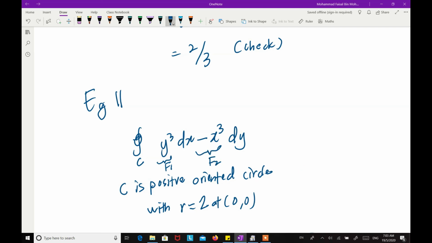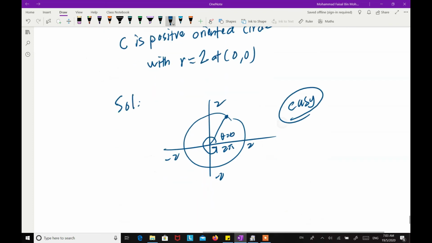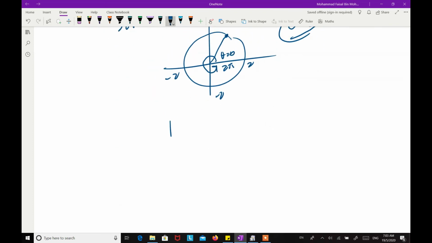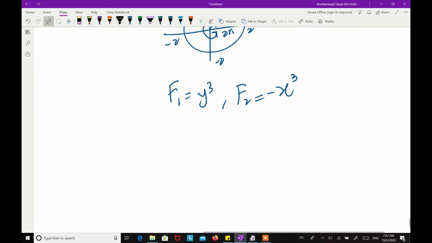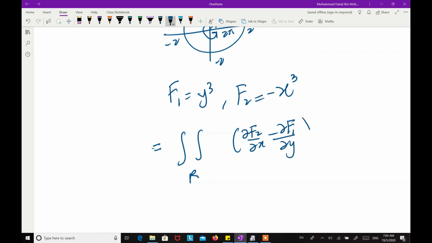Remember, don't make a mistake. So this will be the double integral from Green's theorem, del f2 over del x minus del f1 over del y dA.